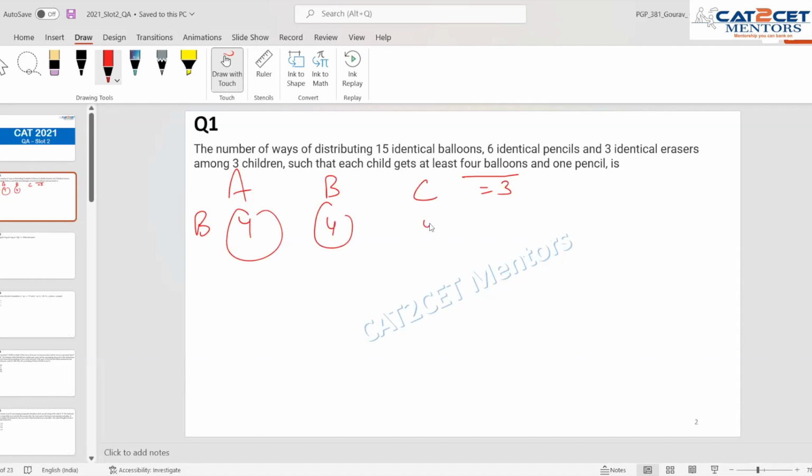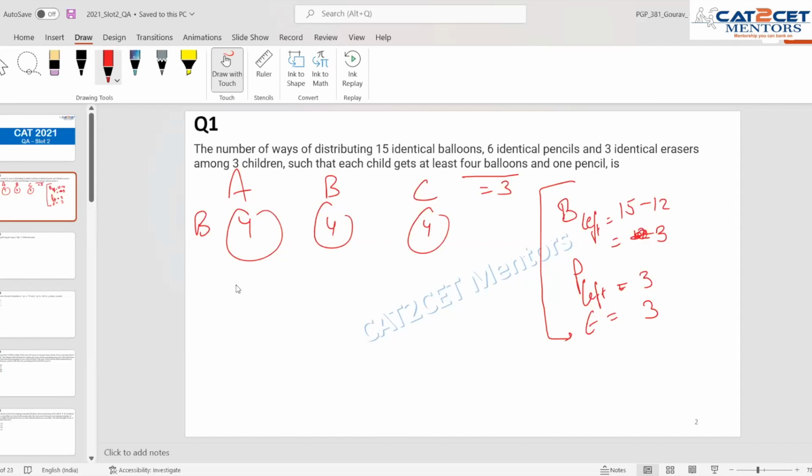So effectively the balloons left are 15 minus 12, that is equal to 3. Similarly, pencils left are 6 minus 3, that is 3, and erasers we have as 3. So the number of items that we need to distribute is 3.